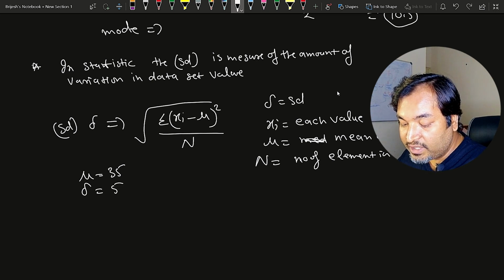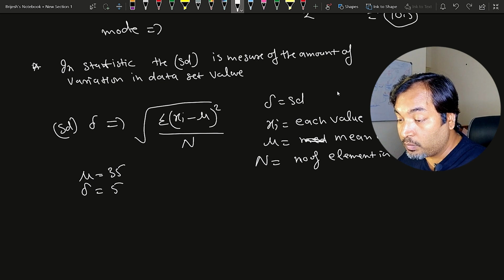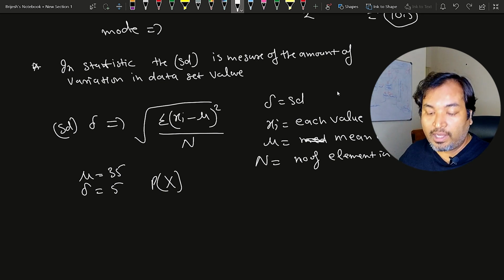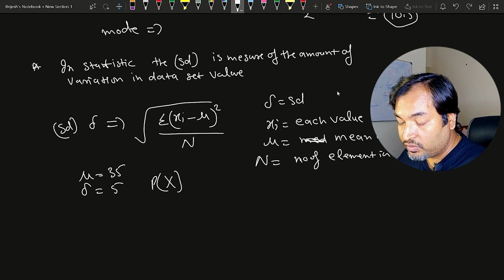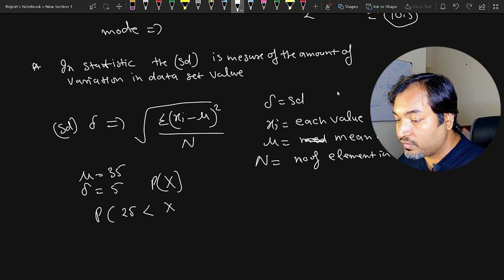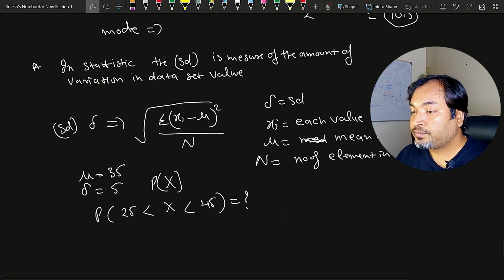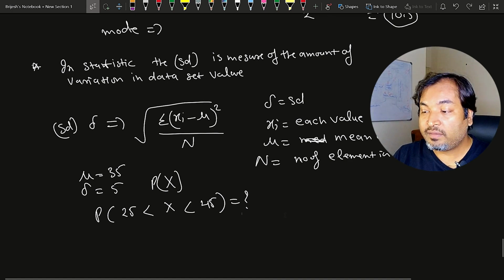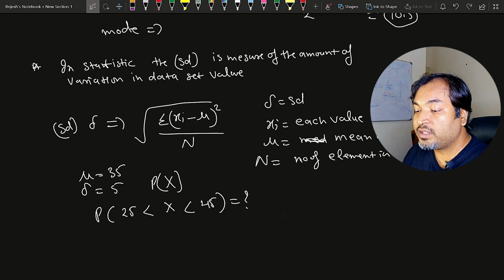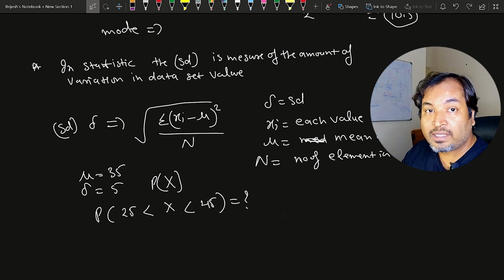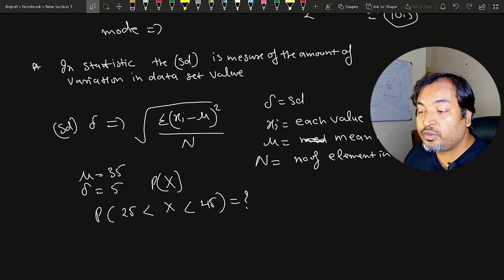Find the probability of the normal random variable x which lies between 25 less than x less than 45, right? So this is the question: we need to find the probability that a random variable x lies between 25 to 45.